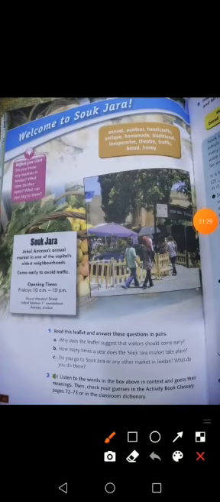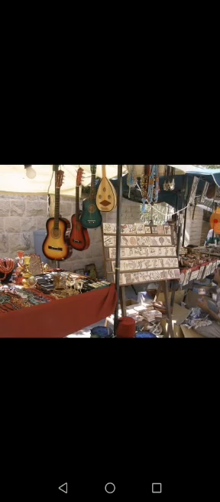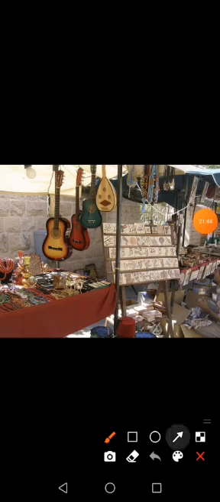The next word is handcrafts. Can you guess what handcraft means? Handcraft means something that's made by hand, like those things. Can you see?